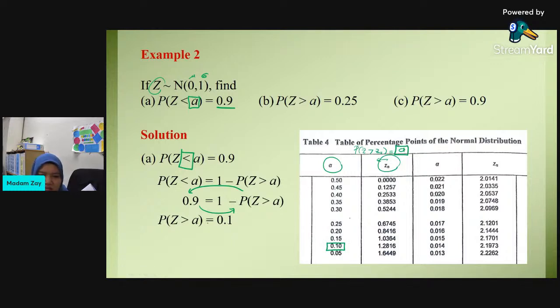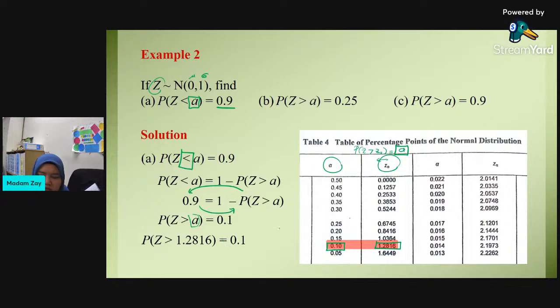So 0.1 here, 0.10. What does it mean? The value of A, the Z value, or here we use the value of A, is 1.2816. That is from the table. So, from the table, we can see that the probability of Z more than 1.2816 is equal to 0.1 probability. Z is the Z value, and A is its probability in the outer part.